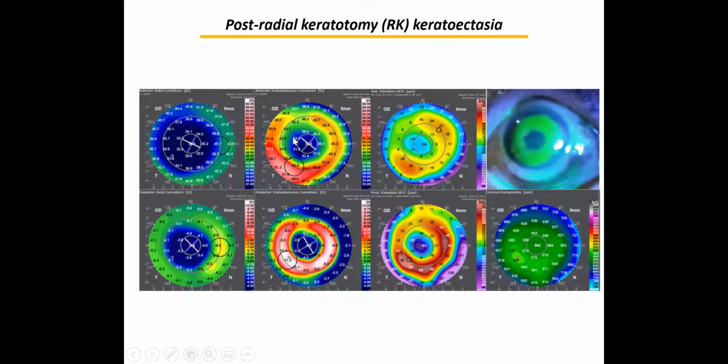This is another case of radial keratotomy, and we can understand that this is not keratoconus, but it's a kind of ectasia, a ring ectasia, especially in the posterior surface, okay, that we can treat with cross-linking.